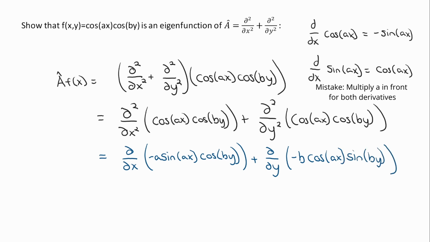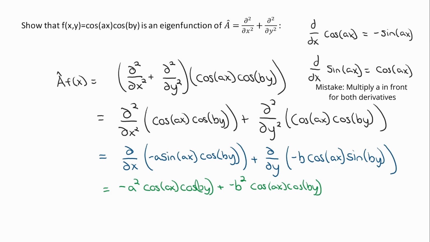And now if we take the derivative once more of each term, we're going to write this out in green. We're going to see that we're going to actually have negative a squared cosine ax cosine of by, because cosine by hasn't changed, plus negative b squared cosine ax cosine by.